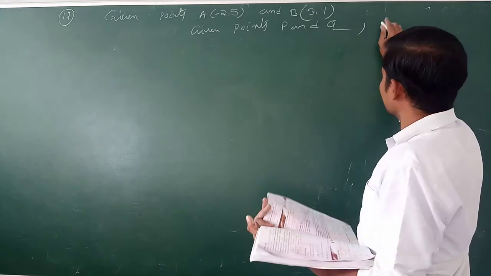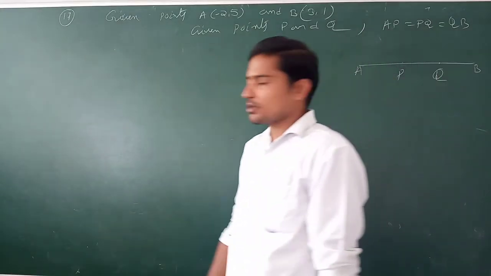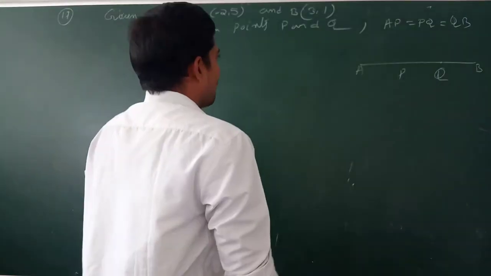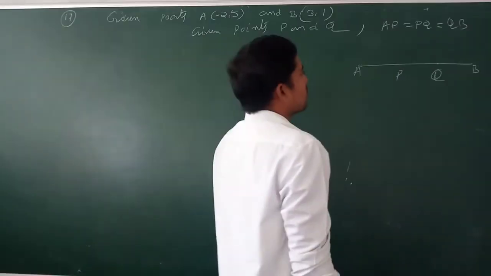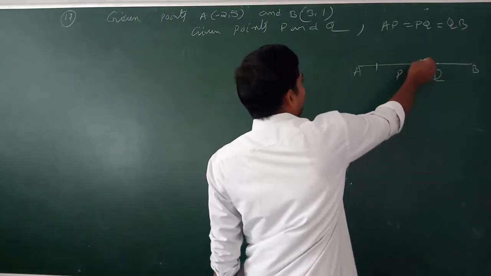AP is equal to PQ is equal to QB. Take A and B, 2 points, and P and Q are again 2 points on that joining line segment. Here he has given a condition AP is equal to PQ is equal to QB. That means all are equal.